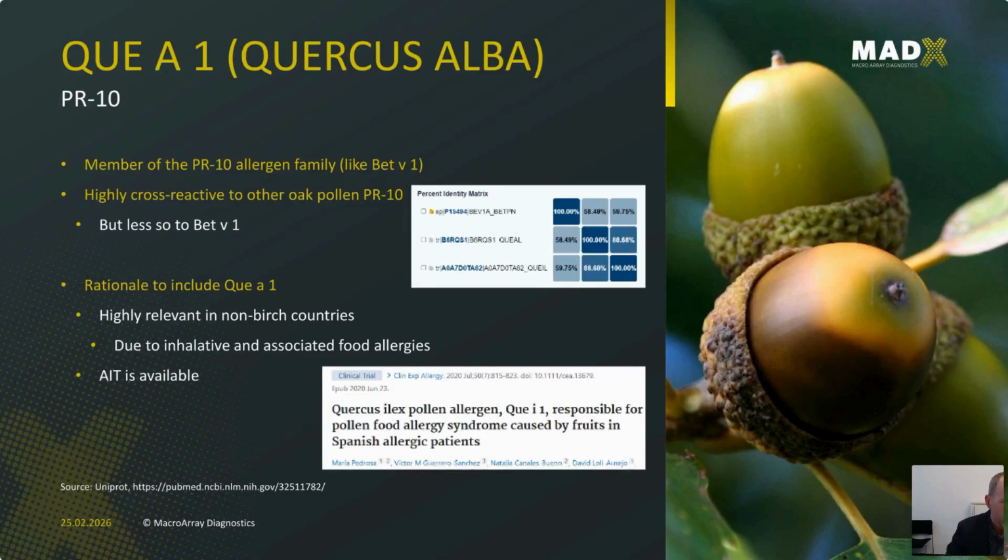The reason for including it on the ALEX is that it's highly relevant in non-birch countries, where it contributes to both respiratory and food allergies. Also, there's immunotherapy available specifically for oak pollen, which argues again for the inclusion of this particular molecular allergen on the panel.